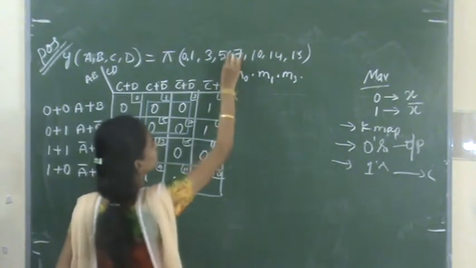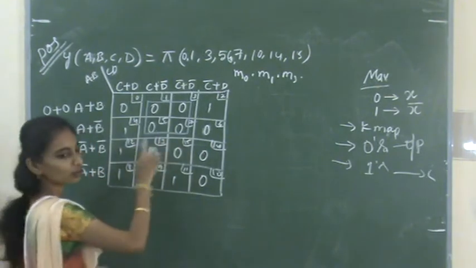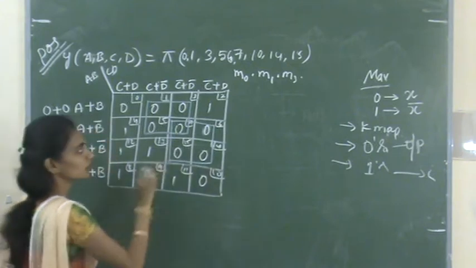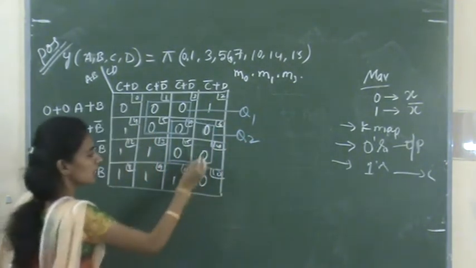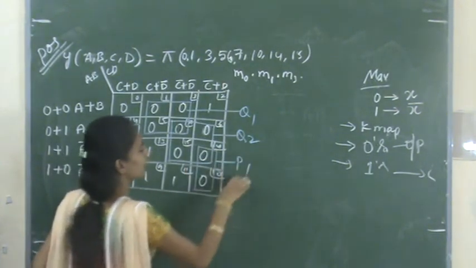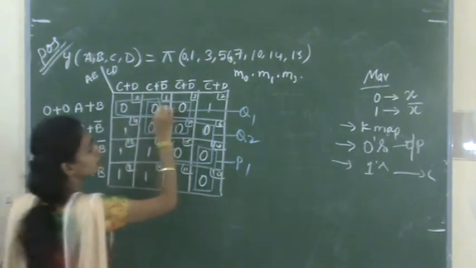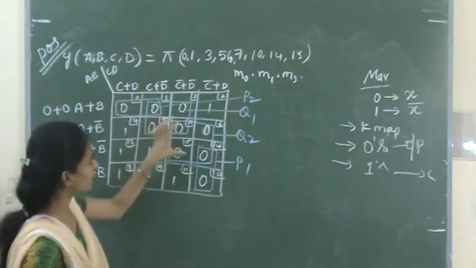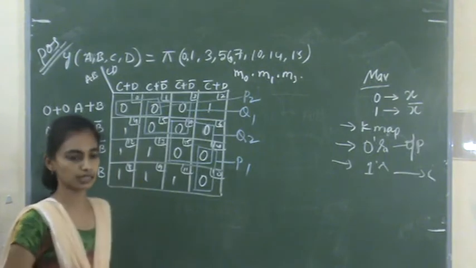So this makes one quad and we have another quad here. This is quad 1, this is quad 2. And we have one pair here. This is pair 1 and this is pair 2.